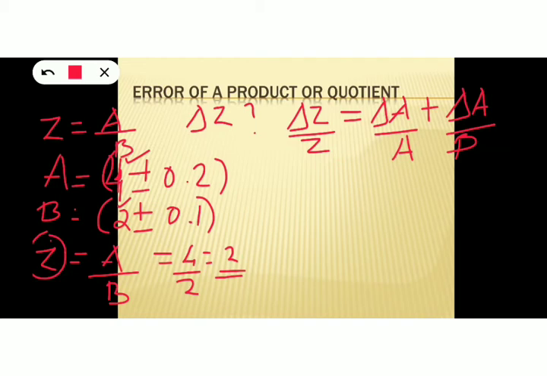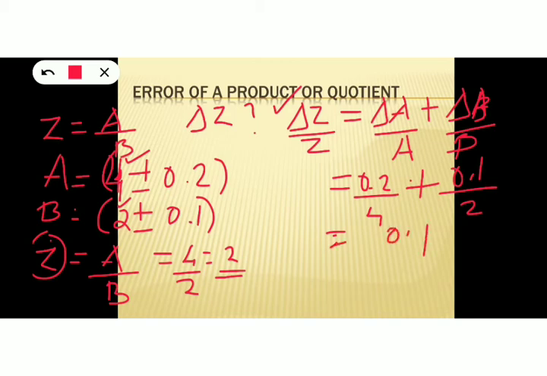It is obtained using this formula. Delta Z by Z is equal to delta A by A, that is 0.2 by 4, plus delta B by B, that is 0.1 by 2. When you take LCM and simplify, you will get the value 0.1. So this is delta Z by Z, 0.1. Then what is delta Z?